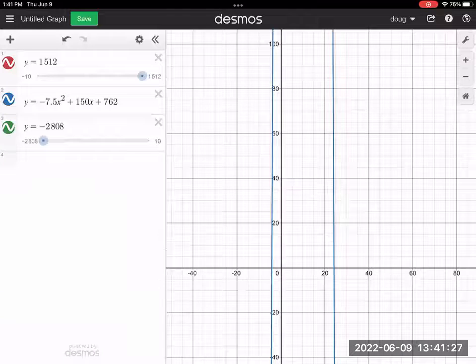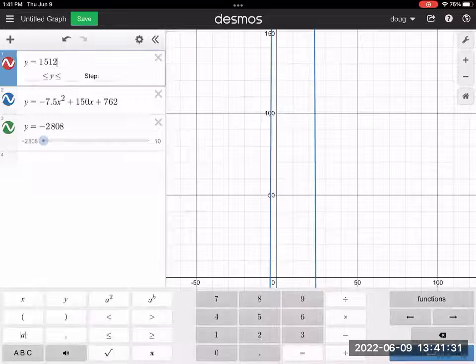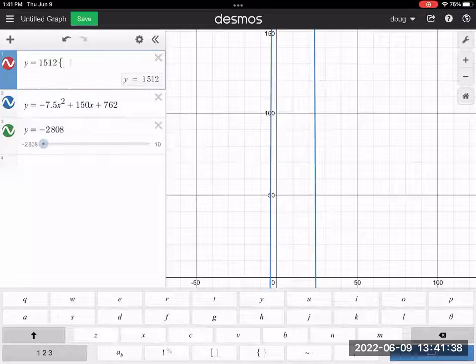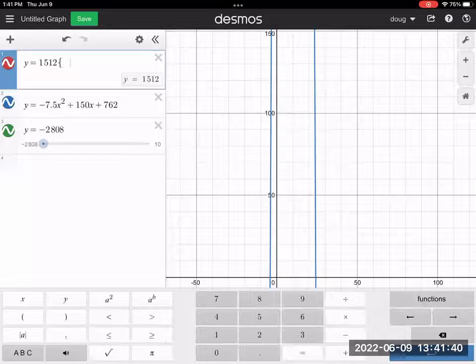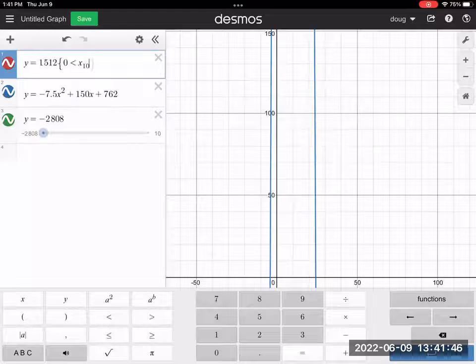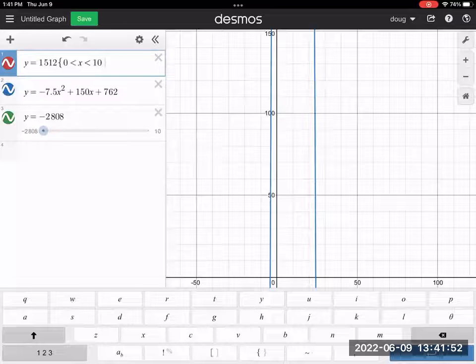Now, cool nerd trick. So if I go up here and I say bracket, hope I can do this in this version. If I open a bracket and I would say this exists from 0 to 10, and then I close that thing off, then that line is only going to exist from 0 to 10.